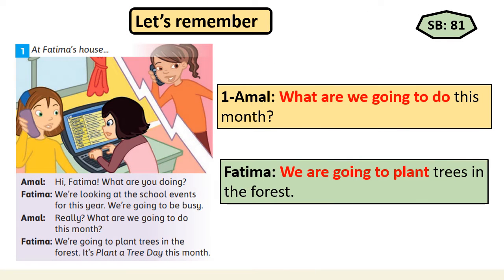Okay, before we start, let's remember what Amal says. She said, what are we going to do this month? Fatma: we are going to plant trees in the forest. So this one is "we are going to", this is what she said. She talks about the future: next month, this month, tomorrow.